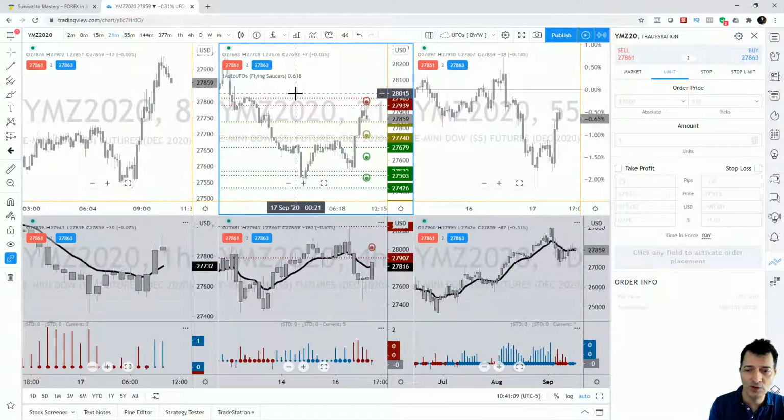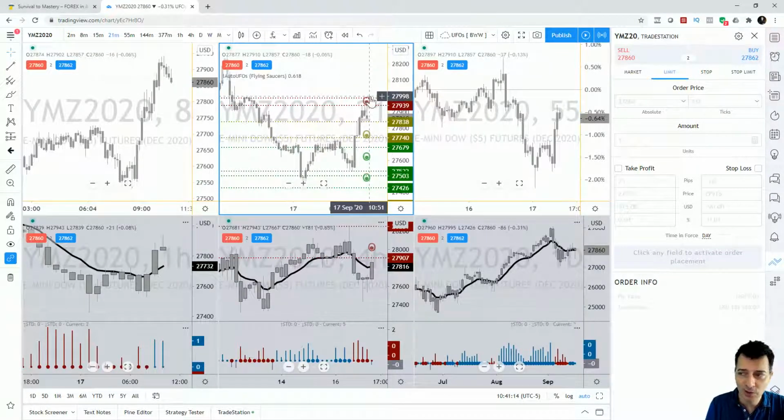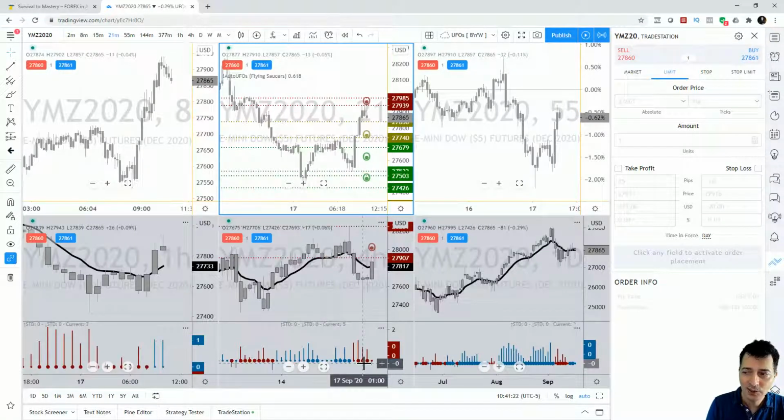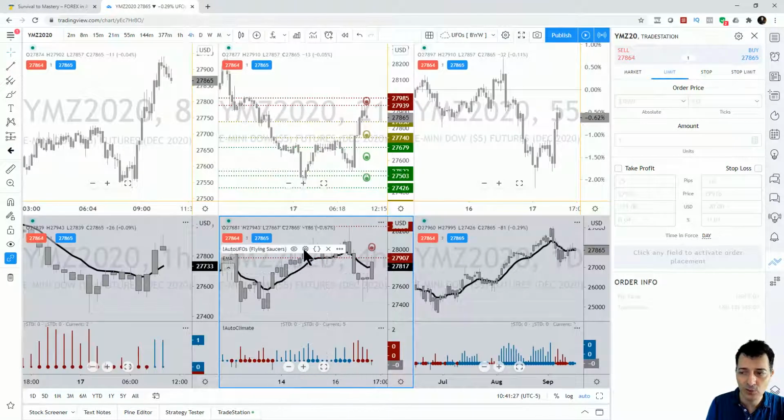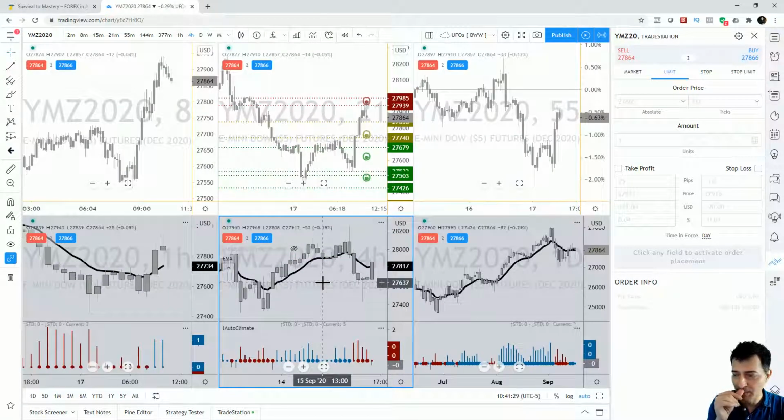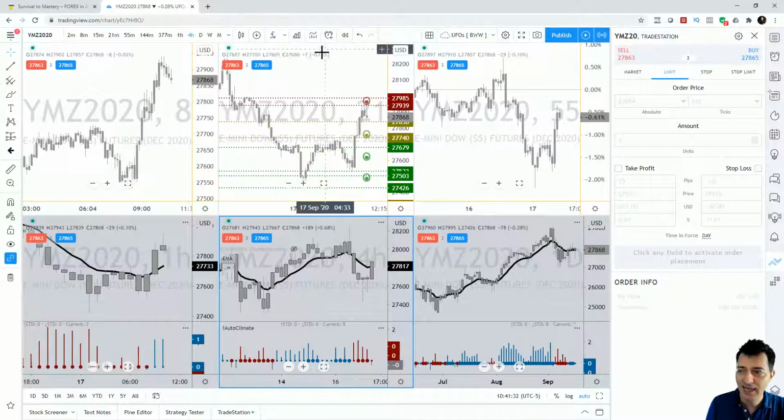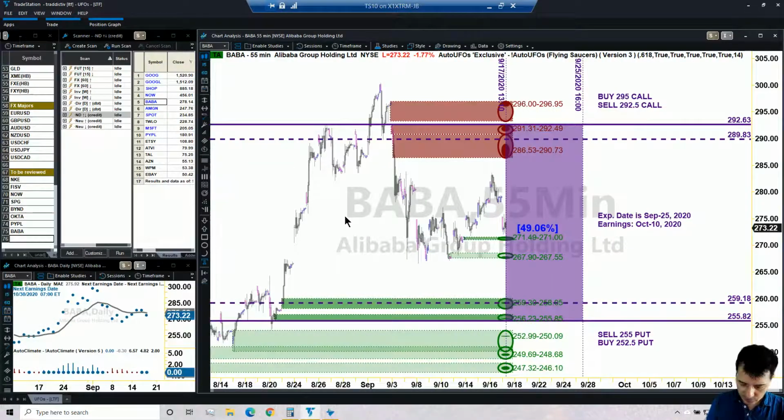So the TradingView on the computer and on the phone is totally mirrored. In other words, if you can see AutoUFOs on the computer because you are a subscriber of AutoUFOs, or you can see AutoClimate on your computer because you are a subscriber of AutoClimate, you can also see them on the go when you are using your phone, because the TradingView app is giving you the same features and performance and benefits as the TradingView on the computer, which runs in a web browser, as you know. Okay, so, long answer, but the answer is yes. Okay, Koyo.